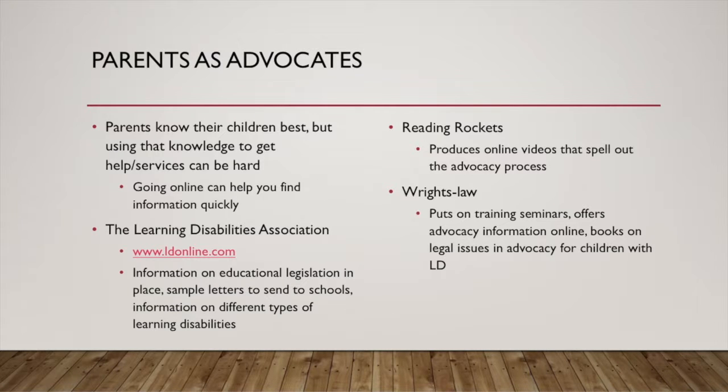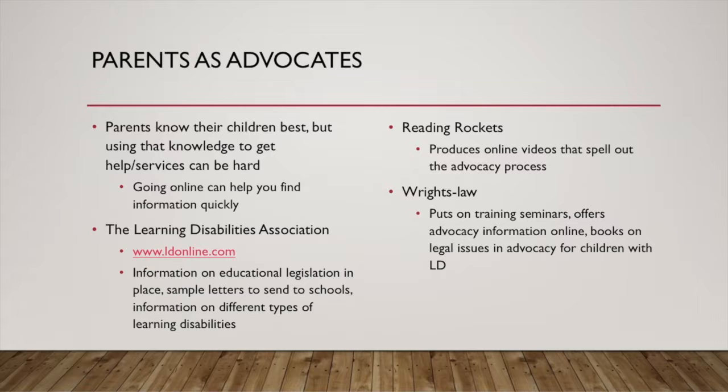So, parents as advocates. It's well known that parents know their children best, but using that knowledge to get services can be hard. So one thing you can do is go online. You can find information very quickly that way. Some different places that you can look are the Learning Disabilities Association, which gives you the link there.